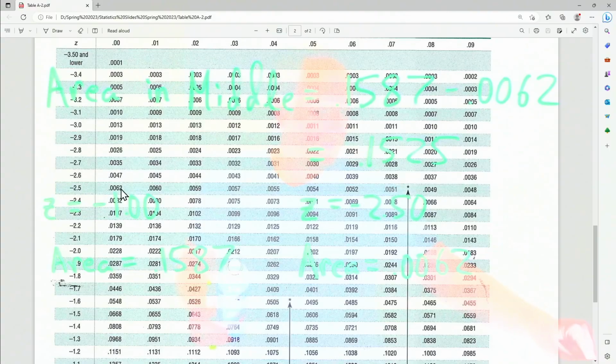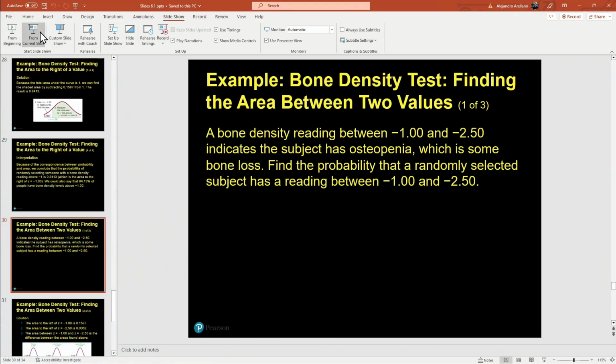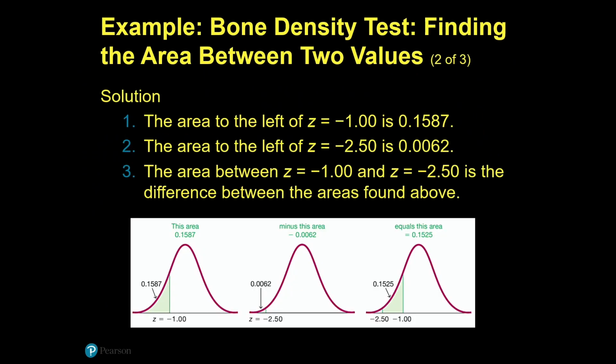Okay, and then if we go back to the slides, they have those worked out in the book, and I wanted to bring your attention to this slide, which is very helpful. I already described this, but the picture that they have here in the book is very helpful for understanding the area in the middle. So the area to the left of z equals negative 1.00 was the 0.1587.